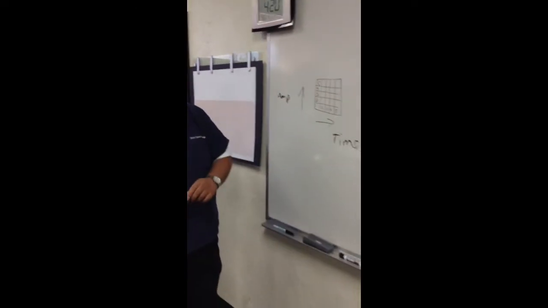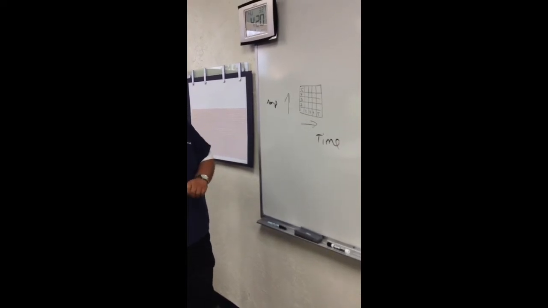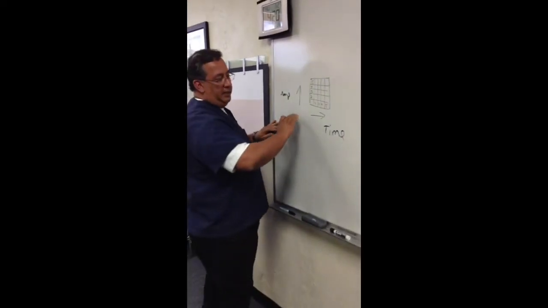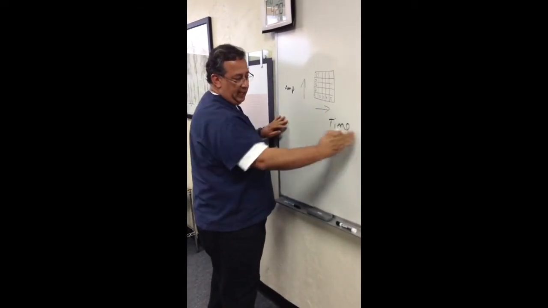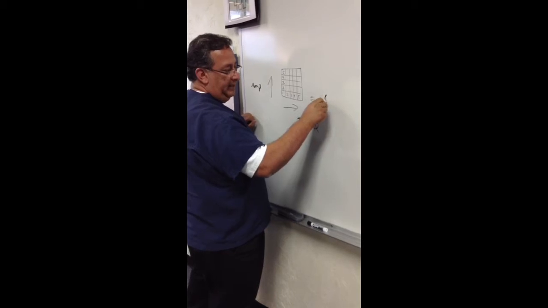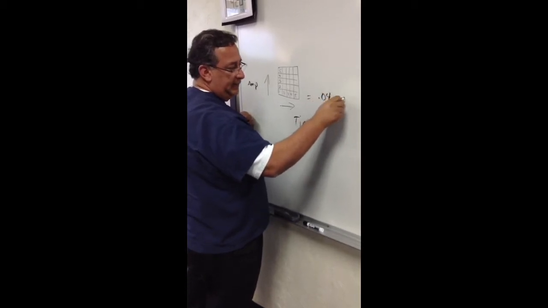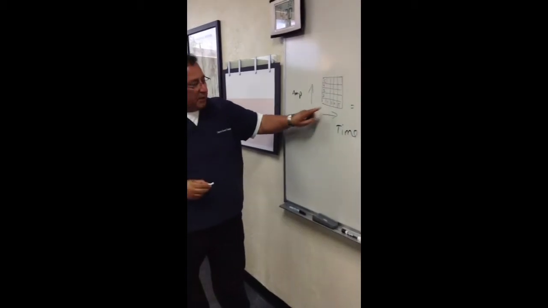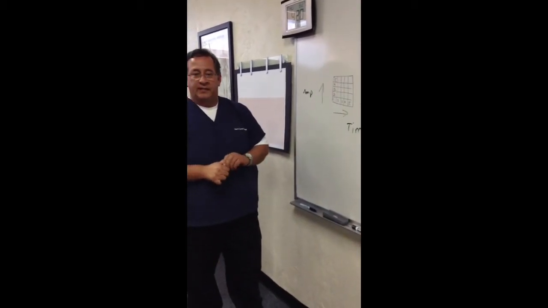All right, so let's now talk about some math related to these little boxes. Along the horizontal plane, or time, every little box equals 0.04 seconds, 4/100ths of a second. So each little tiny box is worth 0.04 seconds. That's a very small amount of time.